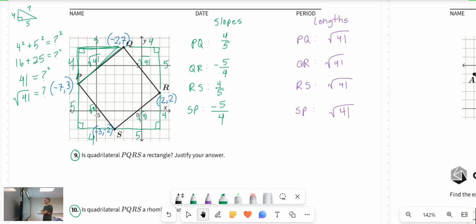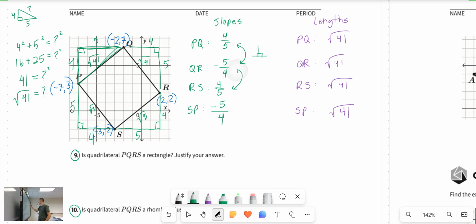So let's see. All of our lengths are the same, which means that as far as it being a rectangle, the opposite sides are the same length, so that works. Now we just have to make sure the adjacent sides are perpendicular. These two are adjacent and those are perpendicular.